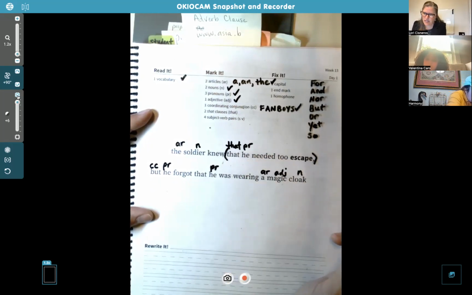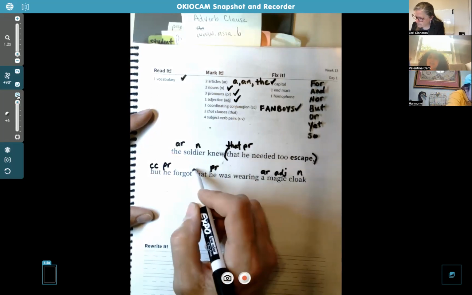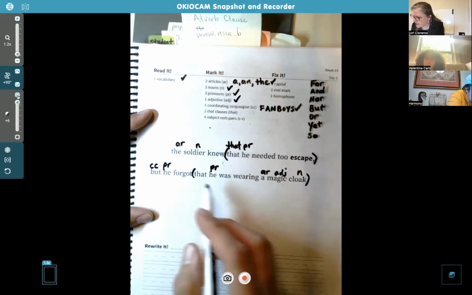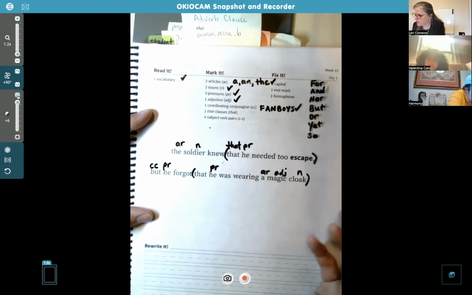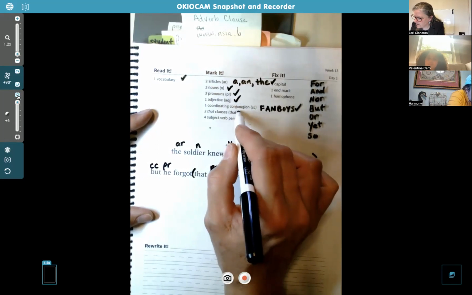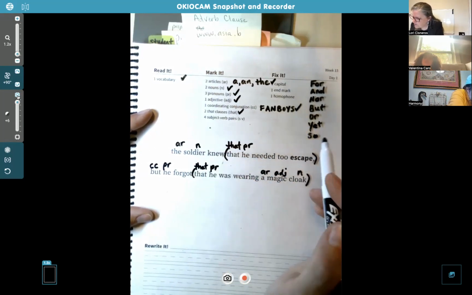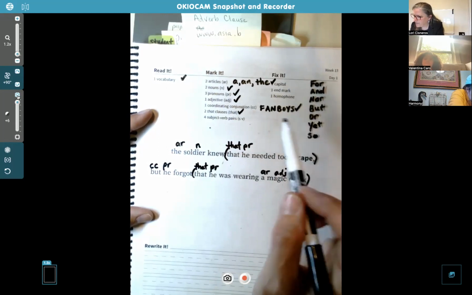I know it seems redundant, but that's okay. We're labeling that. And then what's the other one, Valentina? The other is after forgot, there's that, and it goes all the way to cloak. Good. That he was wearing a magic cloak. Good. Oh yeah, we need to write that on top of that one.